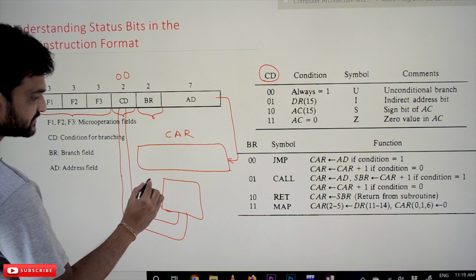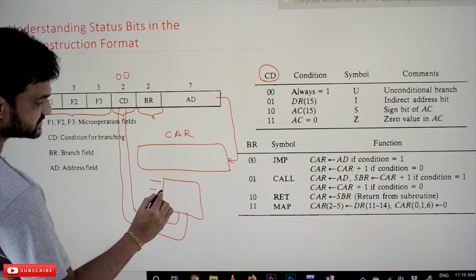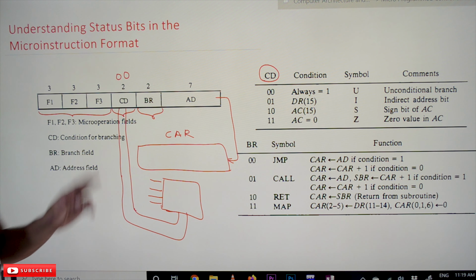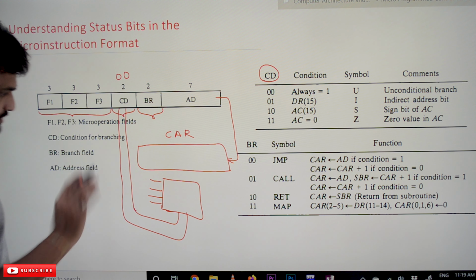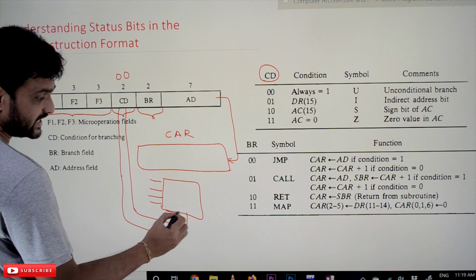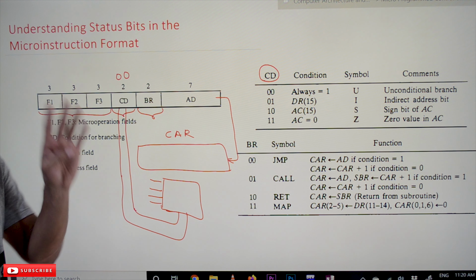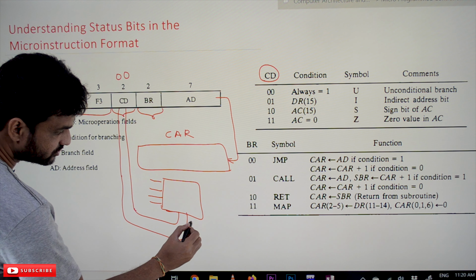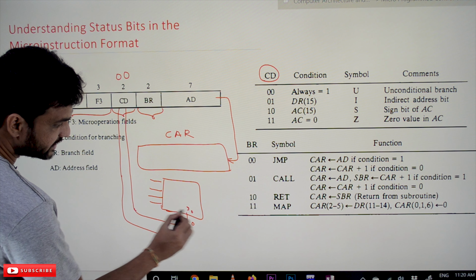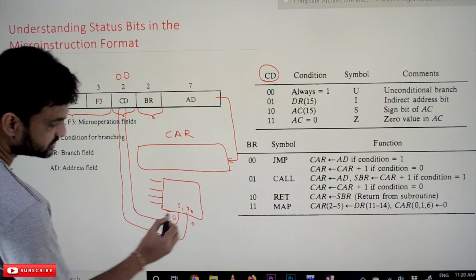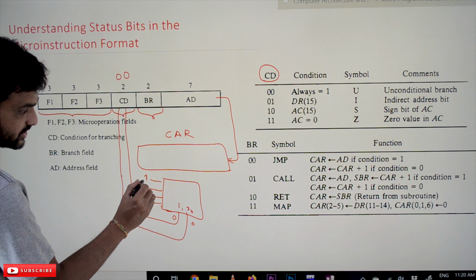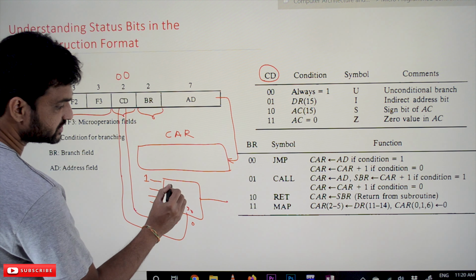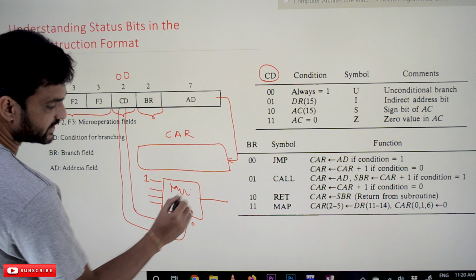This multiplexer consists of 4 inputs with 2 select lines. If the select lines S0 S1 are 0 0, it is always going to be 1, so the multiplexer is going to generate an output of 1.